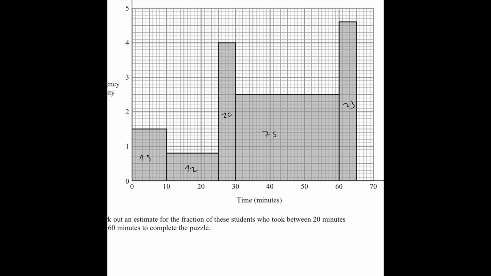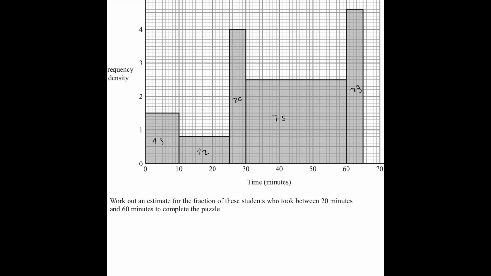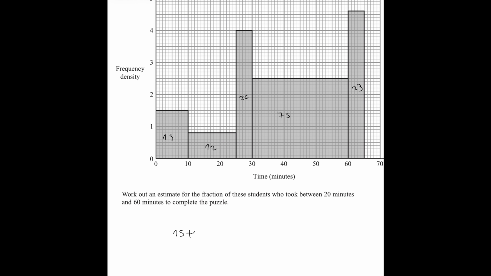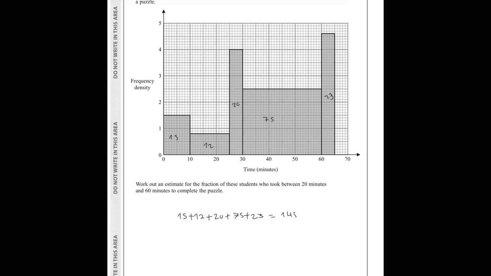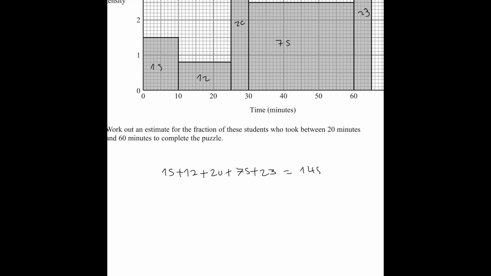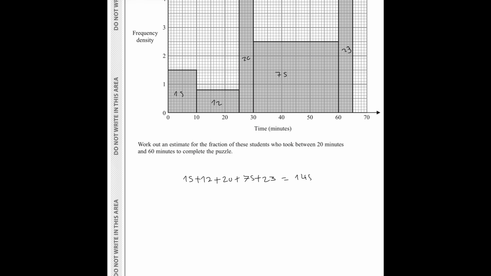You add those together to get the total. So 15 plus 12 plus 20 plus 75 plus 23 should give you 145, if I'm not mistaken. Well, let's see. Yeah, should be.